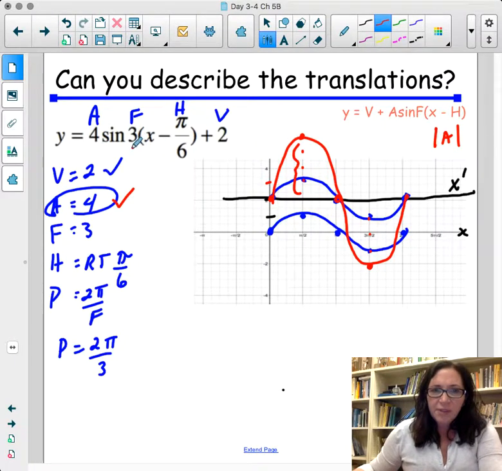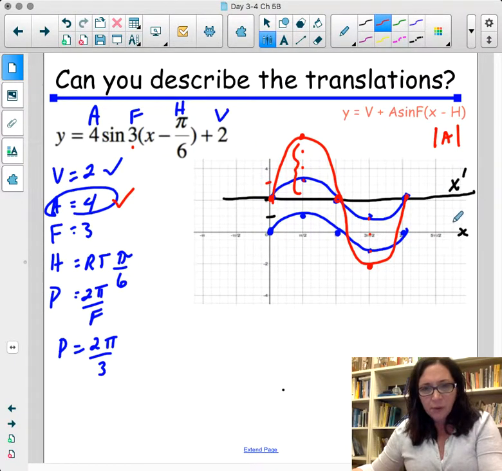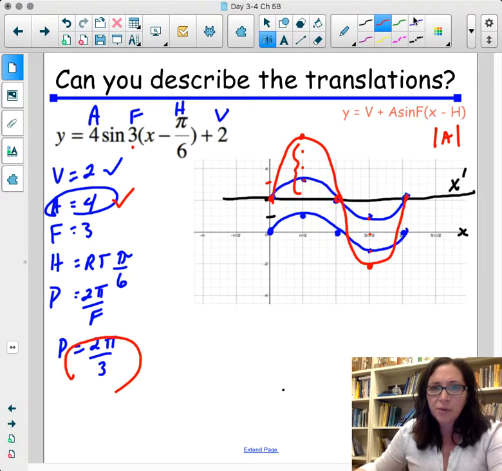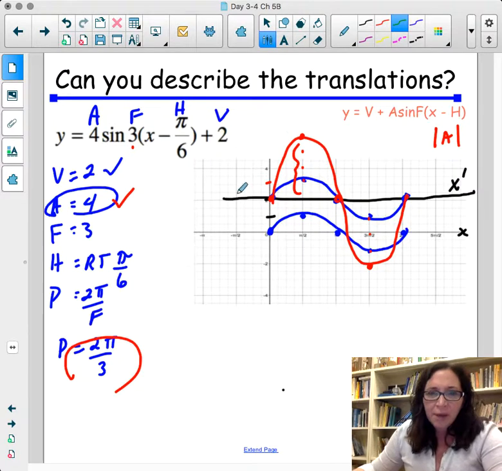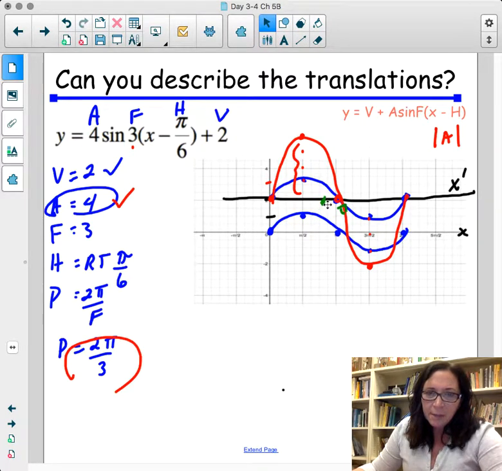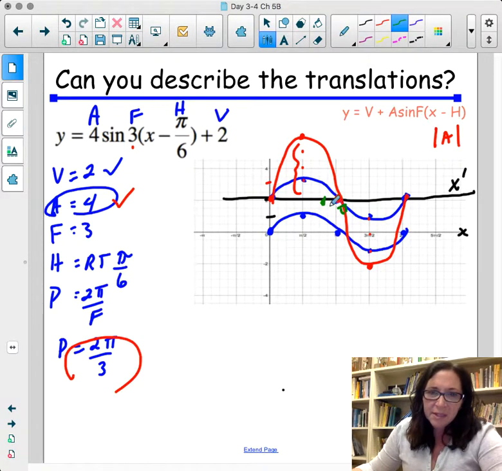My frequency is 3. Now, while I don't graph a frequency, I do graph the period, which is 2 pi over 3. So that tells me that my graph is going to start and end at 2 pi over 3. So there's pi. So 2 pi over 3 is about here, maybe a little bit more to the right, okay? So now what that means is half of that, so pi over 3.